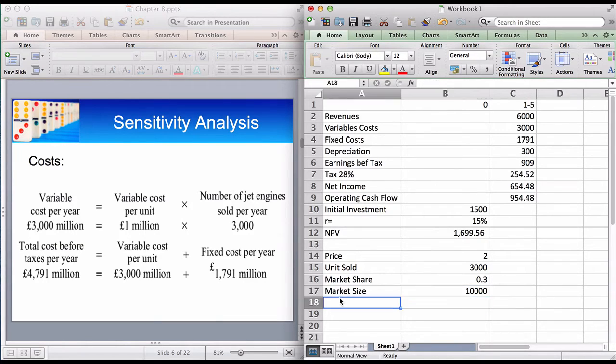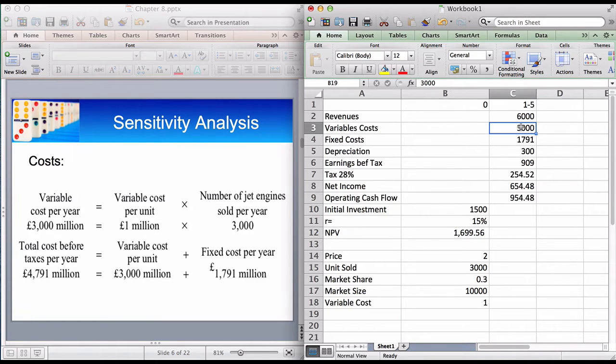But let's look at the cost analysis then. So we said it's made up of variable costs and fixed costs. We can't do anything about the fixed costs, but we can do something about the variable costs. So the variable cost is £1 per unit. Okay, so if you look at the price, it's 2, the variable cost is 1, so it's 50% of the price.